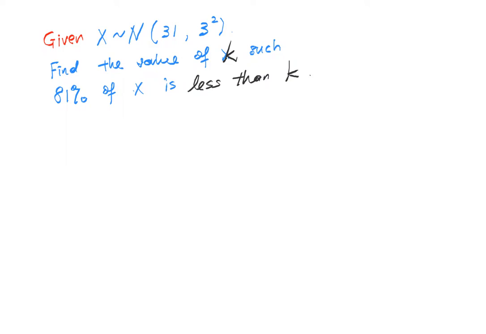Okay, how am I going to do this? I will write down probability of X less than K. The probability is 0.81. So how am I going to find the value of K? Do you think the value of K is more than 31 or less than 31? Based on your judgment. Nick?